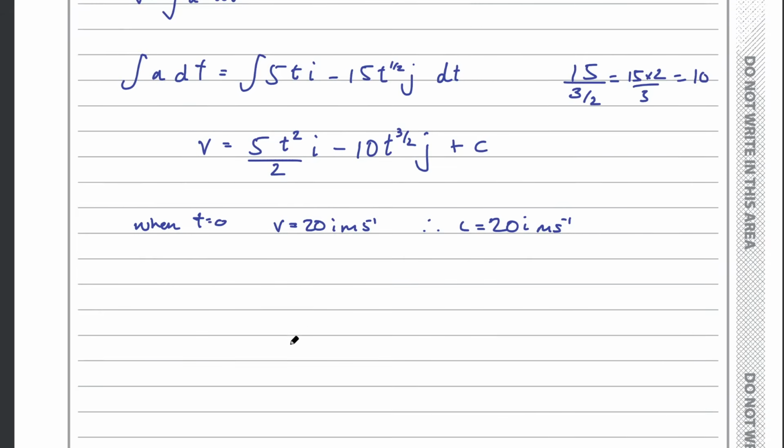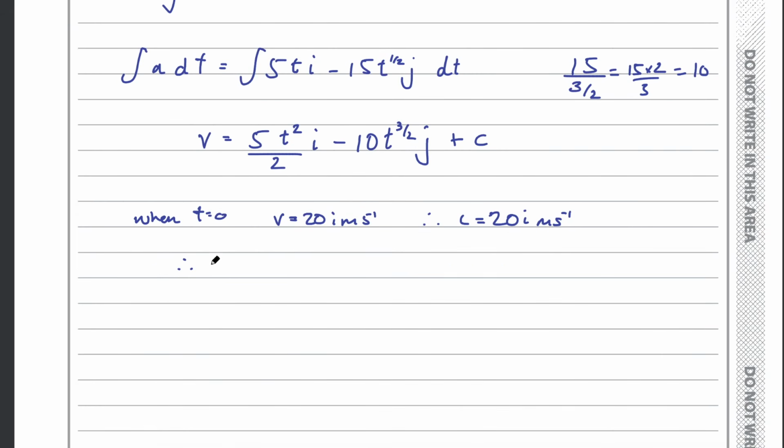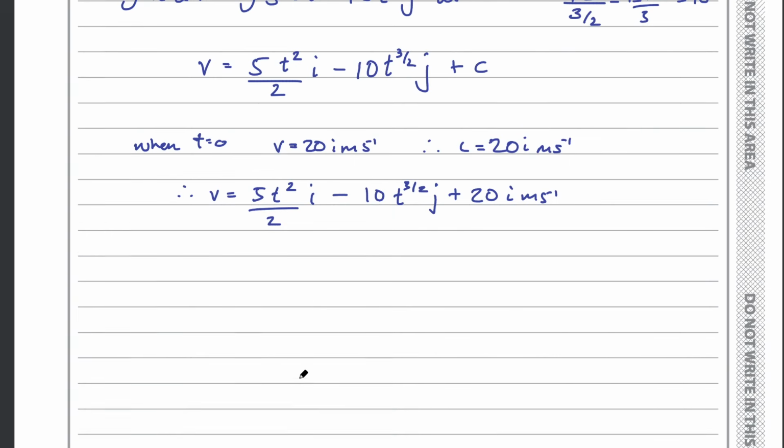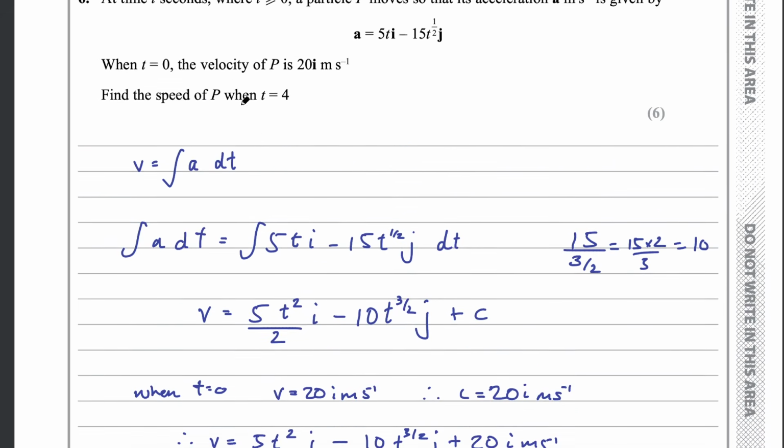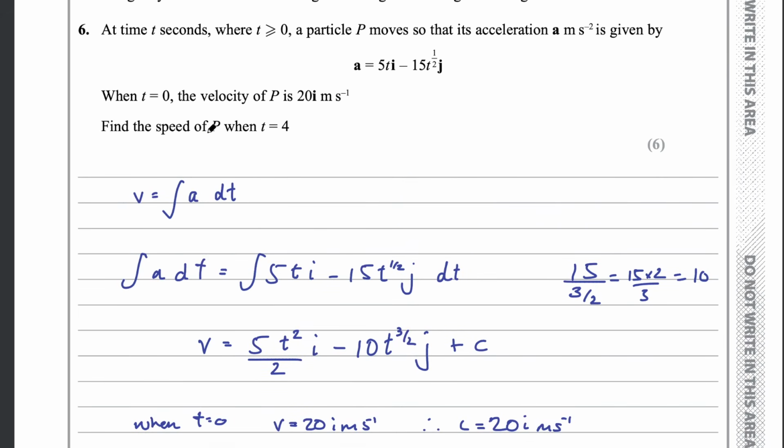Okay, so therefore we can say velocity equals 5t squared on 2 minus 10t to the power of 3 on 2 j plus 20 meters per second. All right, and go back to the question again. What were they asking? They were asking for the speed when t equals 4.